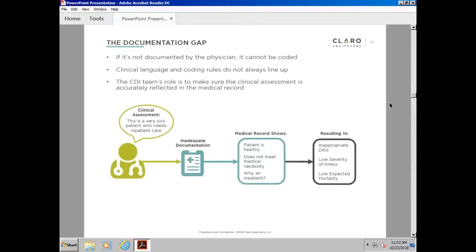So then the results are an inappropriate DRG maybe, an inappropriate outcome, the patient has an adverse outcome, and we can't explain it because they were in the wrong status, wrong DRG. He shouldn't have died, he should have done better than this, and that's where those inaccuracies are, and it's totally in our documentation.